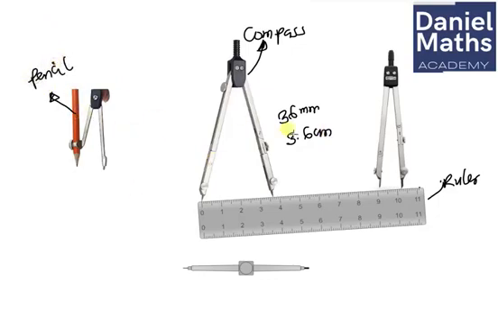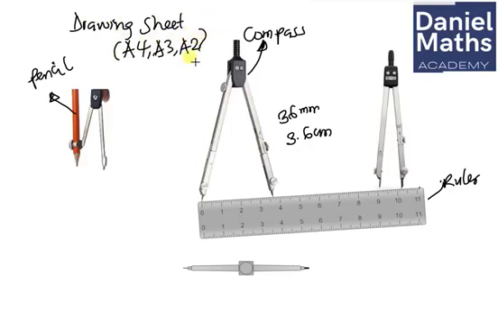With these three things, you're good to go. And then you need a drawing paper, a drawing sheet, probably A4, it could be A3, it could be A2, whichever you want to use. So let's quickly go back to the drawing.